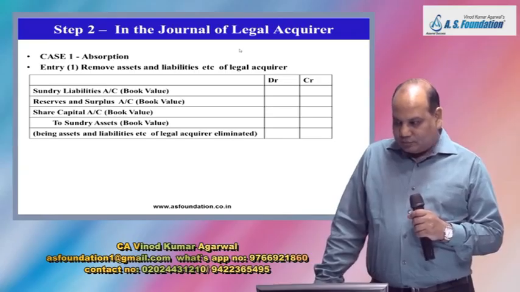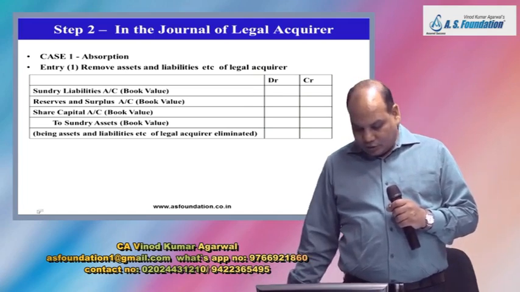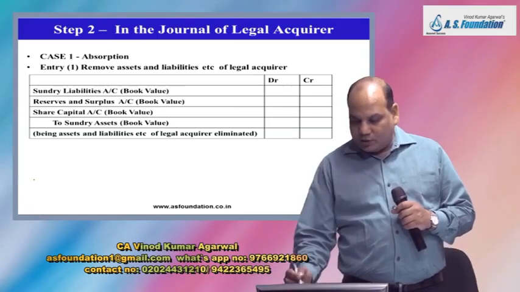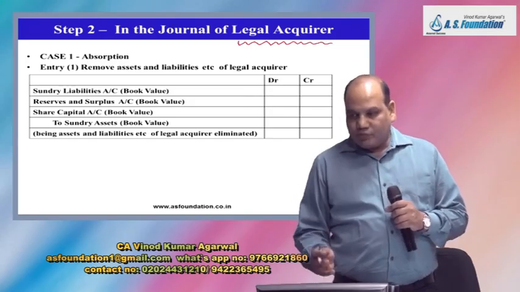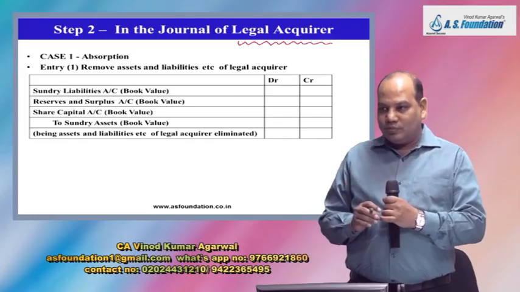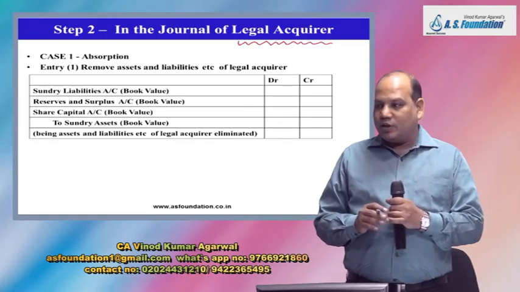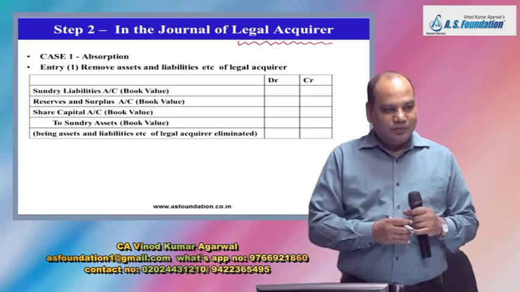So write entry number 1. See, one point is very clear. We will pass entry in the books of legal acquirer only, because legal acquirer will continue. Legal acquirer in the eyes of law will continue. The legal acquiree will come to an end.